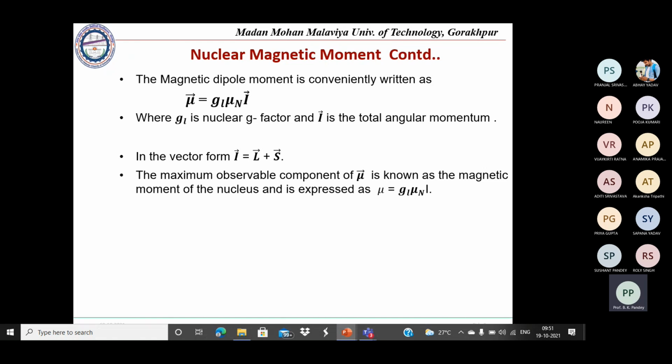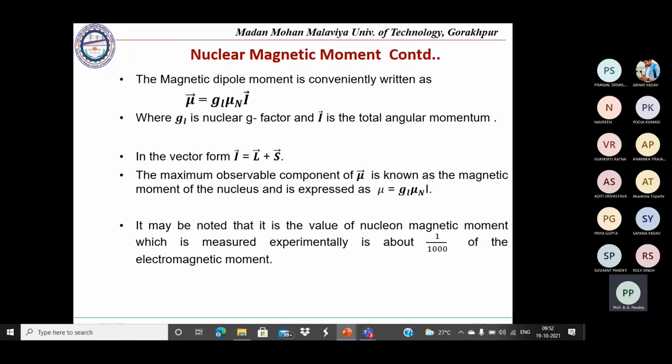The maximum observable component of mu is known as the magnetic moment of the nucleus and is expressed as mu is equal to GL mu n into I.